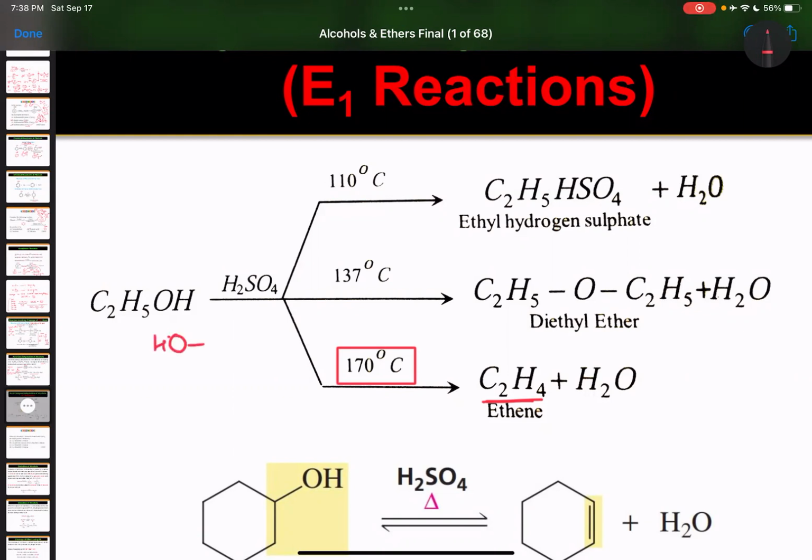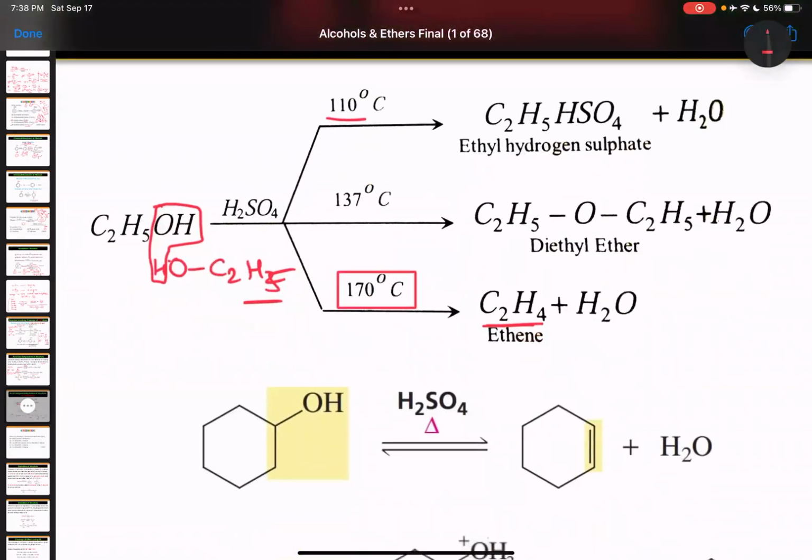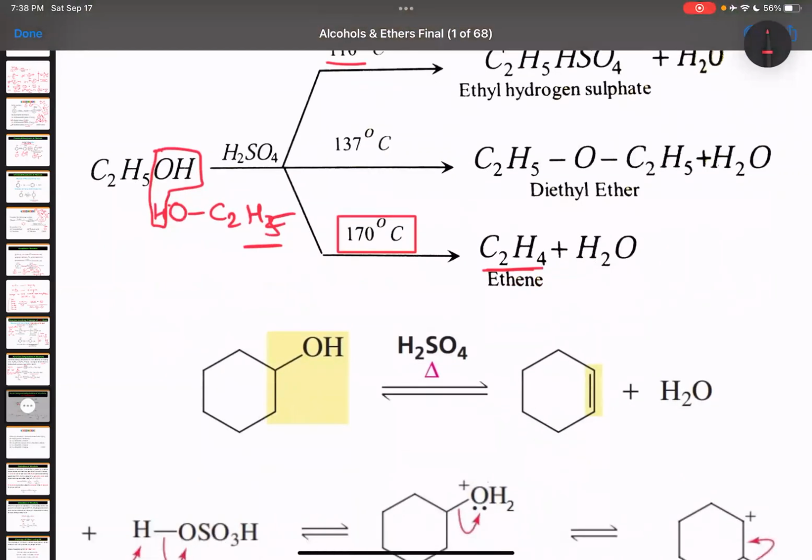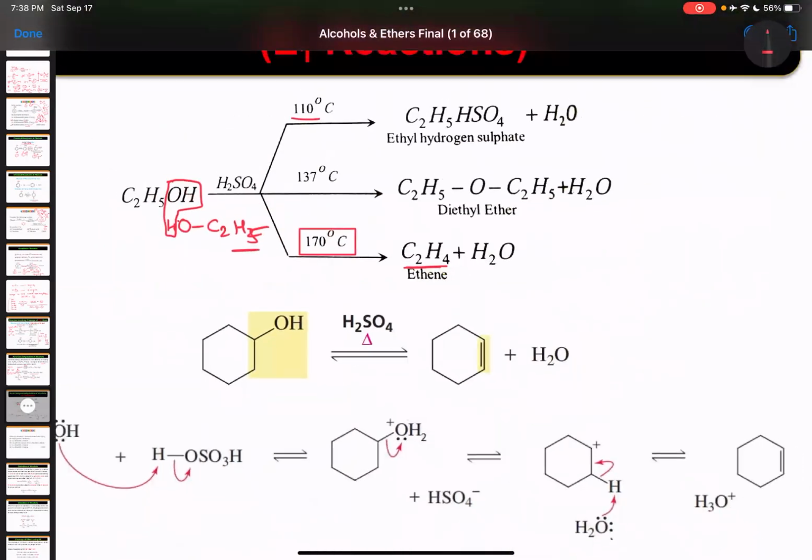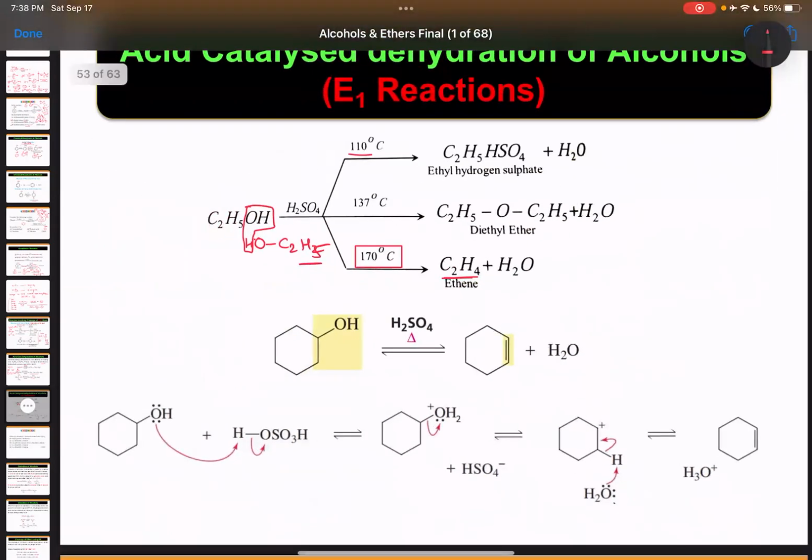You will have an ether, C2H5. And if you take a much lower temperature, 110, you will have this. Is it clear? So the mechanism is always: it gets protonated, cations form, and there is an elimination of H plus from the position adjacent to the cation, which leads to the formation of an alkene.